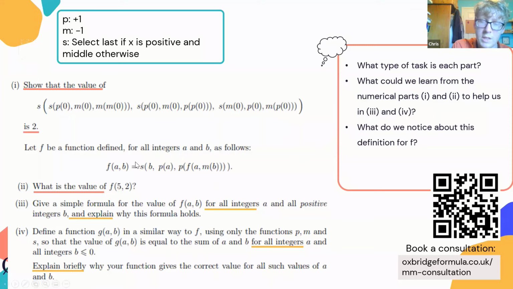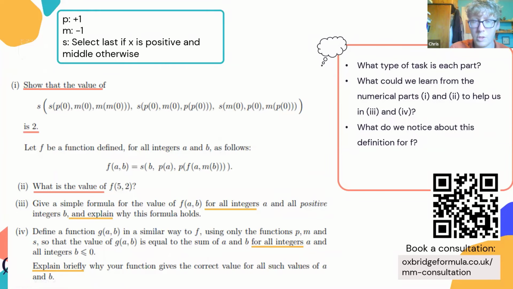What does it look like this function f is going to do? Okay, it's a bit hard to read initially. I think the main thing to notice is there's an f on the left-hand side. That makes sense. There's also an f on the right-hand side. So in a sense, the function f is being defined in terms of itself, or the function f on a and b is being defined in terms of the value of f on a and another value.